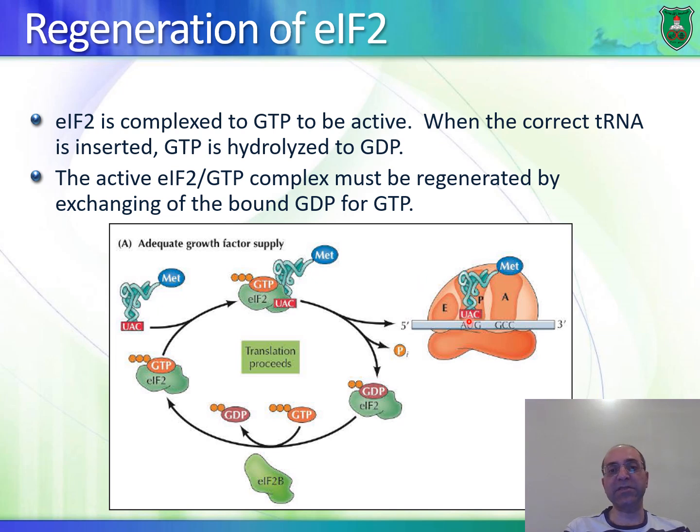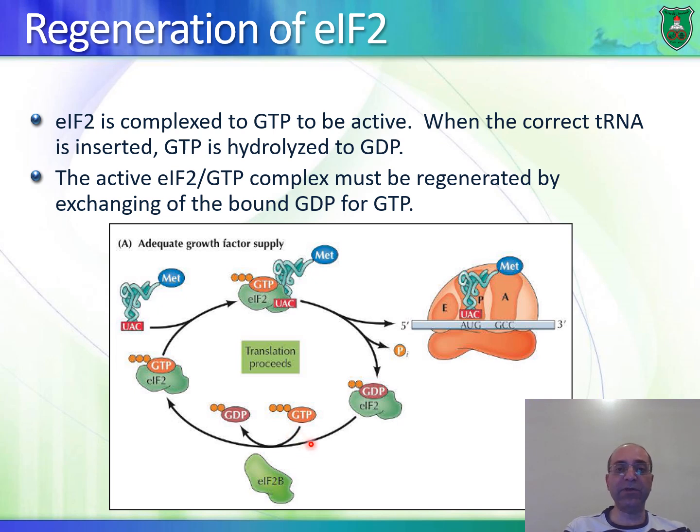Once it does that, GTP is hydrolyzed, so a phosphate is released. Now this initiation factor is inactive, and it has to be reactivated, and it gets reactivated by replacing GDP with another molecule of GTP.